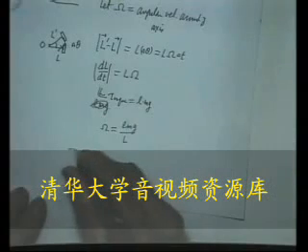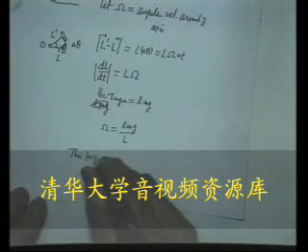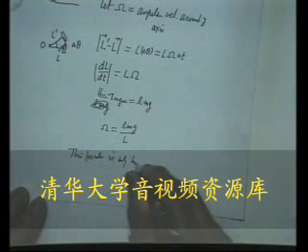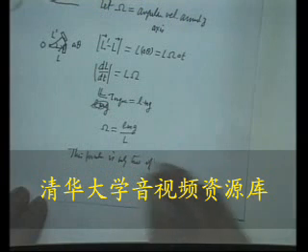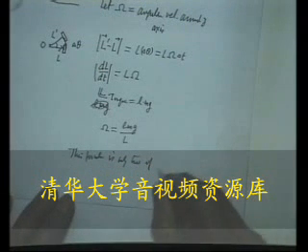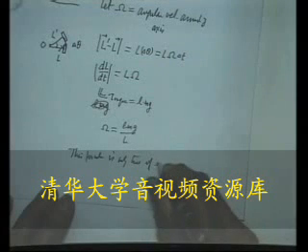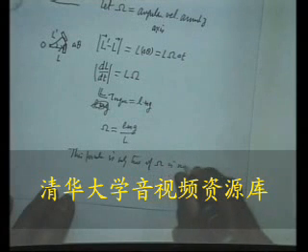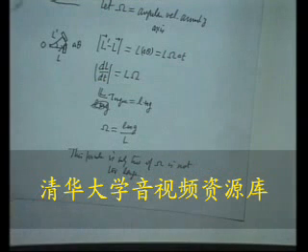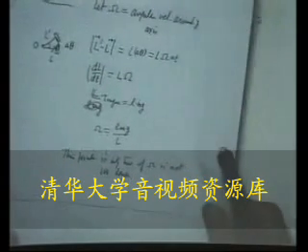So this formula is only true if omega is not too large. When omega is large enough such that this angular momentum becomes comparable with the capital L, this formula is no longer true.